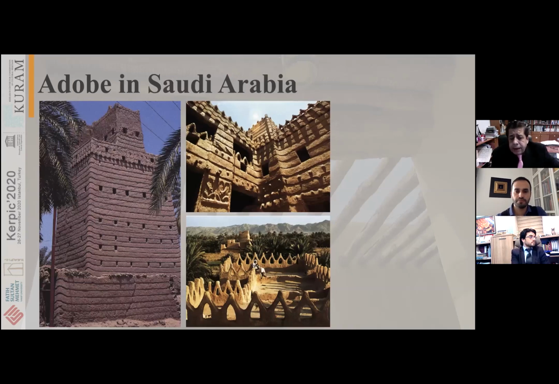Saudi Arabia, being a desert country or desert geography, knows nothing about materials except Adobe. Adobe is the most widely used in buildings throughout times. In fact, 75% of the Saudi heritage is from mud or mud architecture.